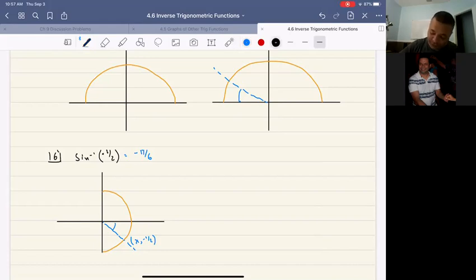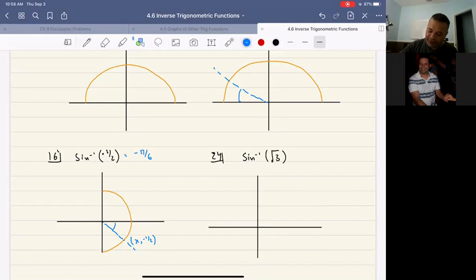Do one more. This is 24, and it's the sine inverse of square root of 3. Now here's a problem. Let me try drawing this. Again, right-hand side. Now, if my y value is square root of 3, let me put that in the calculator.